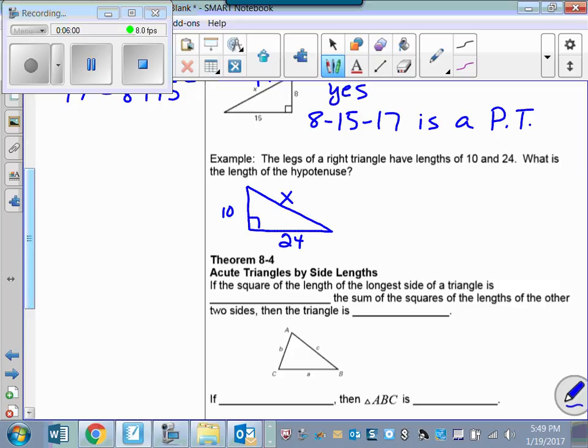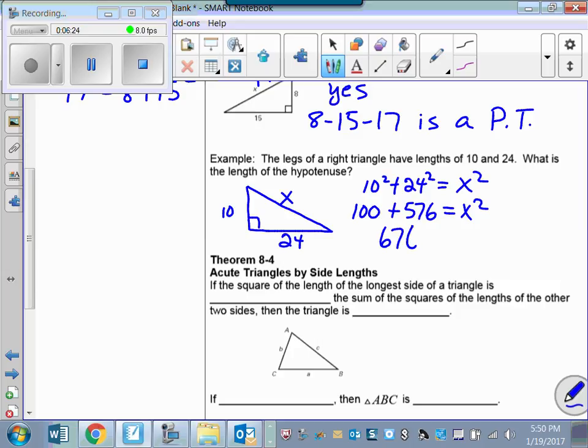Okay, let's look back at our list. Is this a triple? It's not on my list. So here we go. 10 squared plus 24 squared equals x squared. So that's 100 plus 576 is x squared.